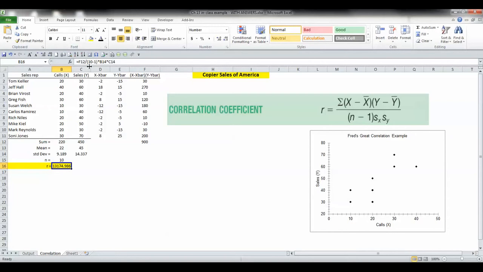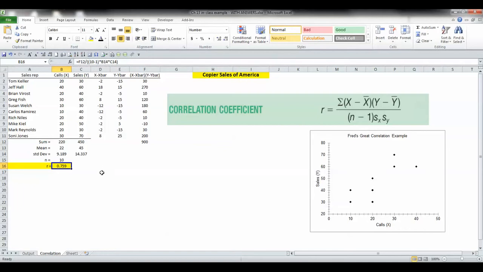Oh, got to put in an extra parenthesis here. That's why. There we go. That should do it. So what I had failed to do was encapsulate the entire denominator in a set of parentheses. So what it was doing is it was taking my 900 divided by 9 and then multiplying it by the 2.